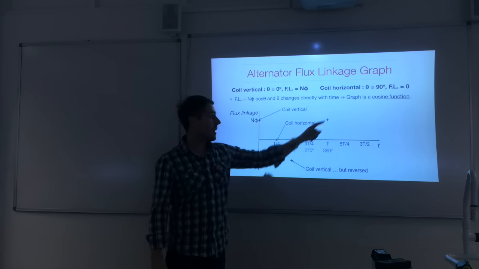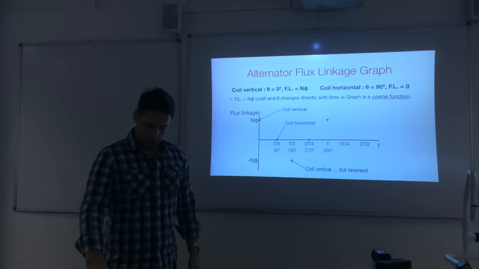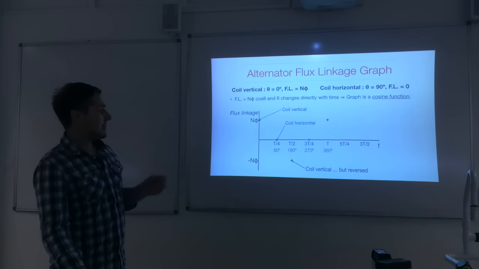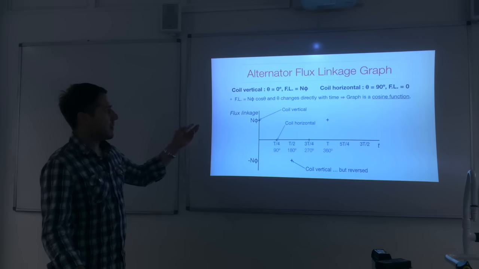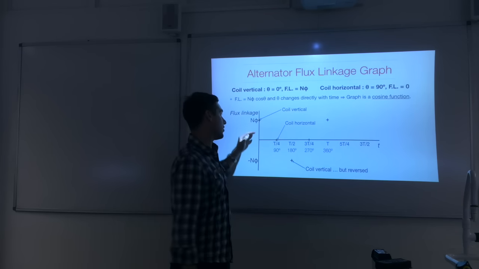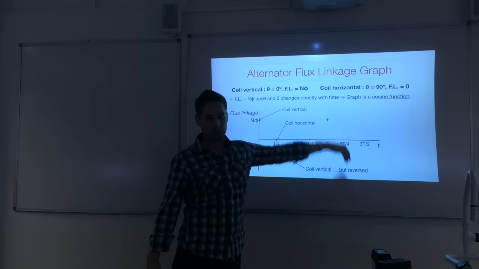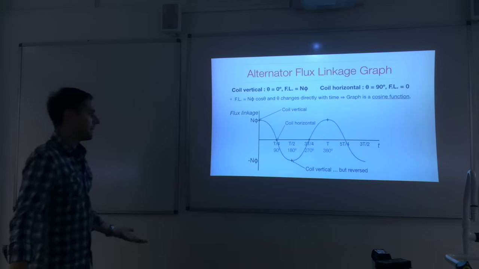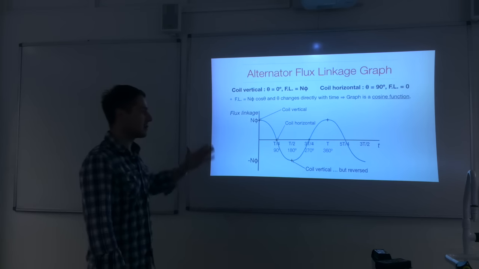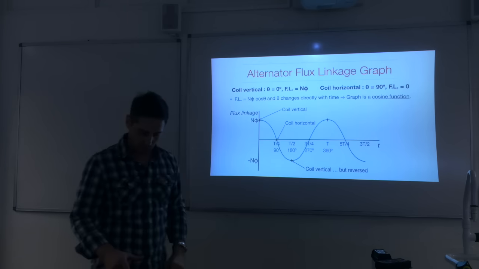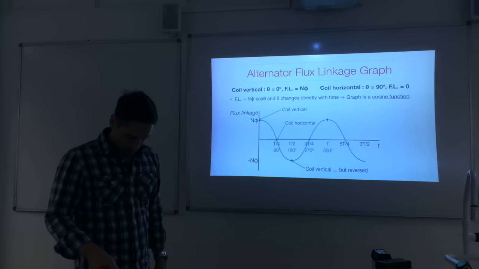Then to 0 and back up to the maximum again, maximum positive. And we know it's a cosine function, so now we can draw a nice cosine curve between those points. So we get that. Now that's flux linkage with time, that's not our output yet, so that's the first graph.